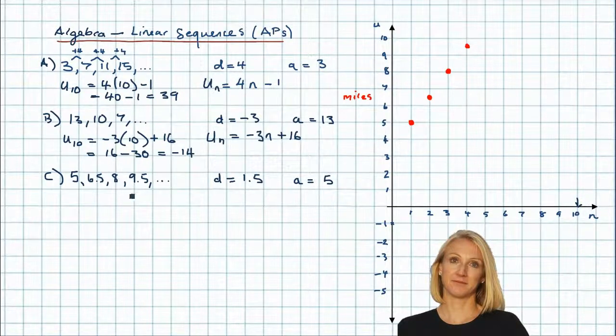So again, we need our nth term rule, or term to term rule. So we have a coefficient of 1.5. Let's call that 3 over 2n. And our intercept, well, we can read this off the graph because we're going to subtract 1.5, so our intercept must be here at 3.5.